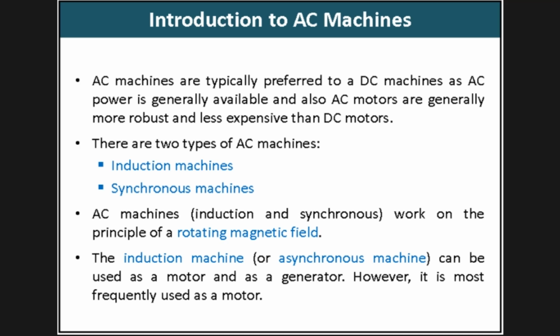AC machines work on the principle of rotating magnetic field. When we say rotating magnetic field, in case of DC machines, you saw that we have a steady magnetic field, and the rotor is rotating, but the current in the rotor is actually alternating current.